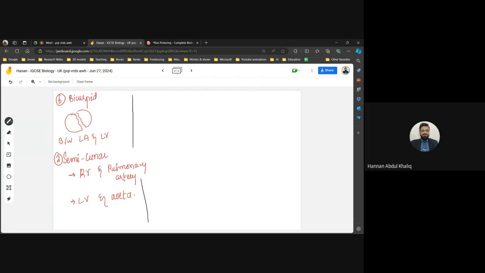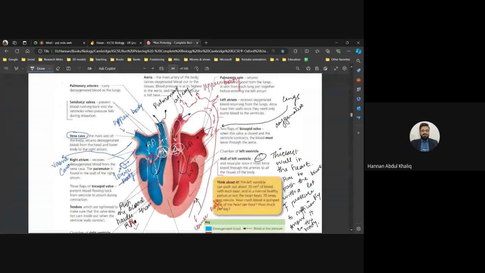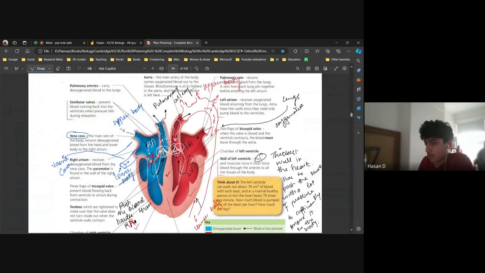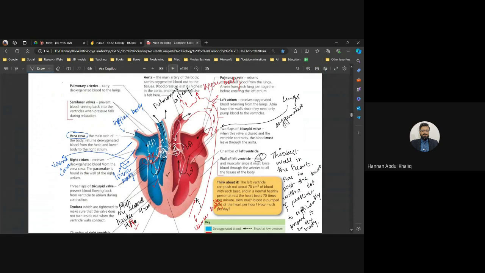There is a very typical question: why does the heart have four chambers? First, another thing. You see this wall and this wall, this one and this one.